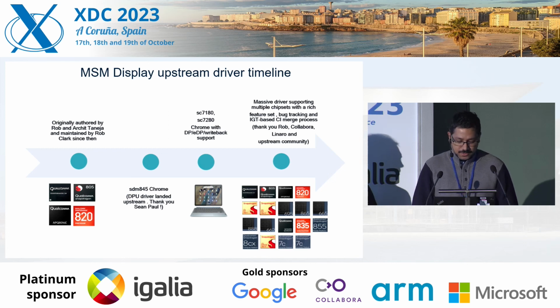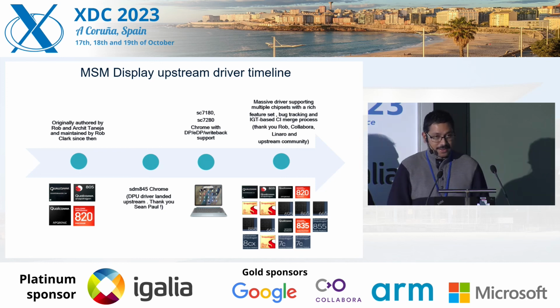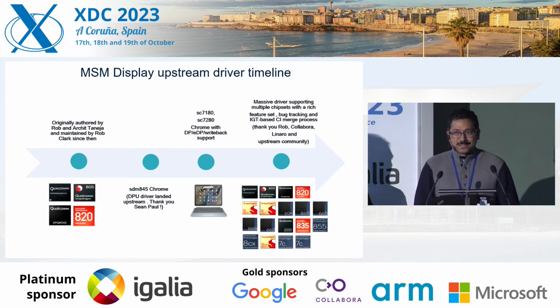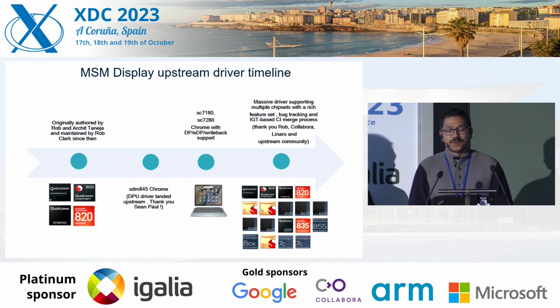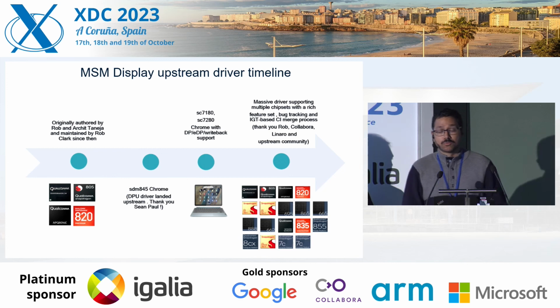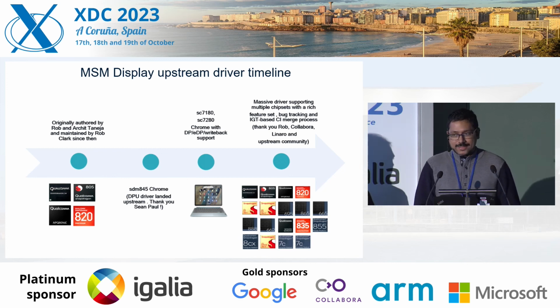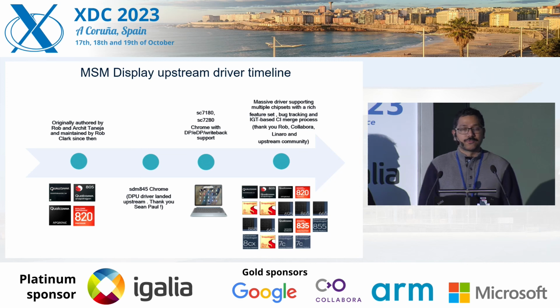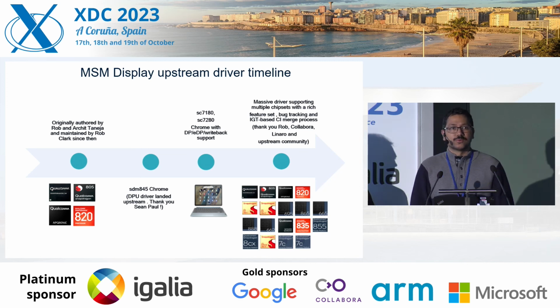At that time, the chipsets added were the APQ8064, 8084, 8916, and the 820. Sometime in 2018, we started on the SDM845 based Chromebook program, and that's where we landed the current DPU driver, which we are using even today for adding most of our new chipsets.